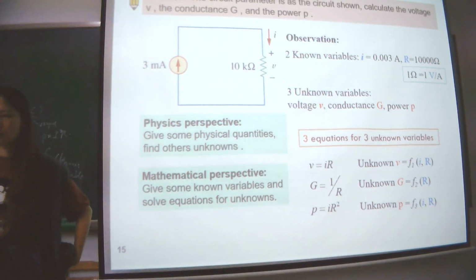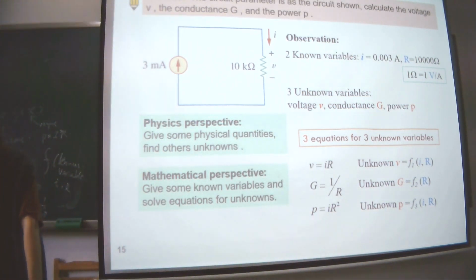Okay, so from the physical perspective, we are given some physical quantities and find out other unknowns. And from the mathematical perspective, we are given some known variables and solve equations for unknowns. So which one is better for you? Mathematics. Yes.